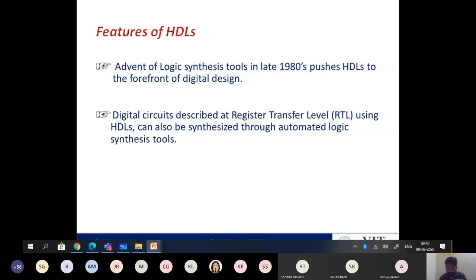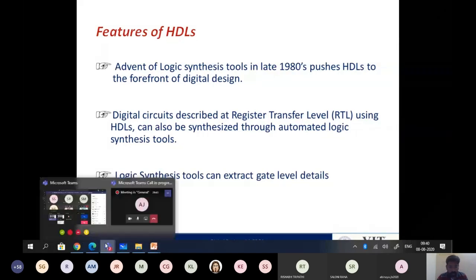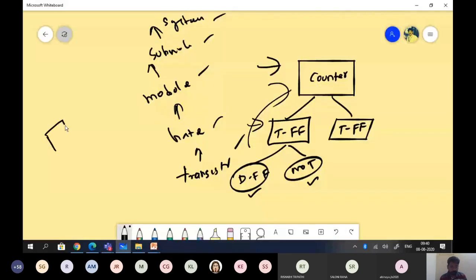Okay, what does RTL stand for? Register transfer level. So all your hardware will be modeled in this way.